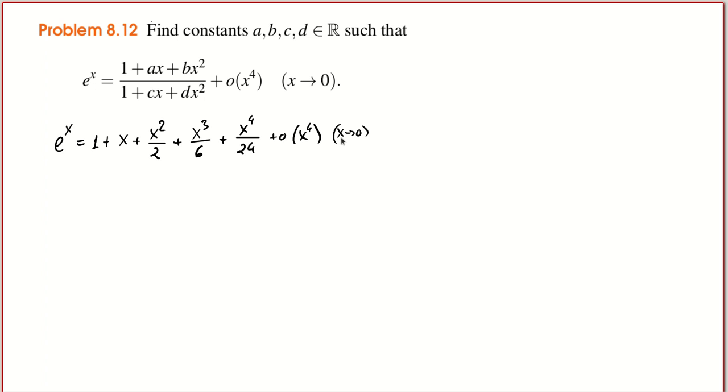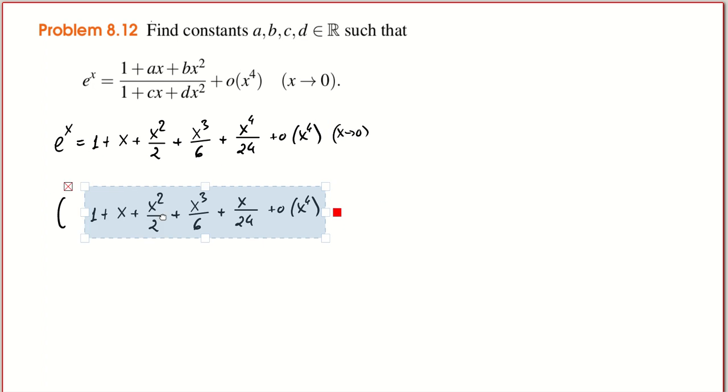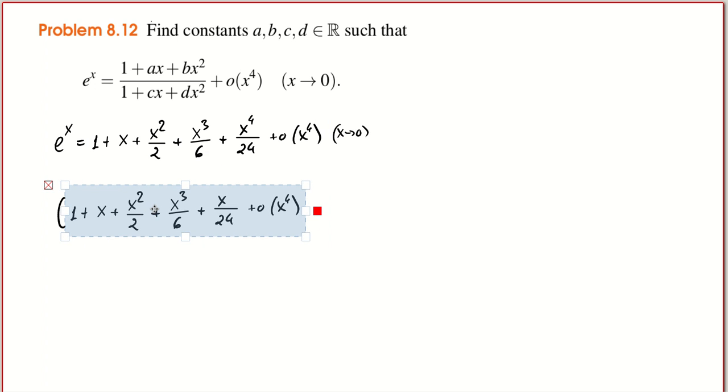So we take this whole expansion, and we're going to multiply it by the denominator of this fraction, 1 plus cx plus dx squared.